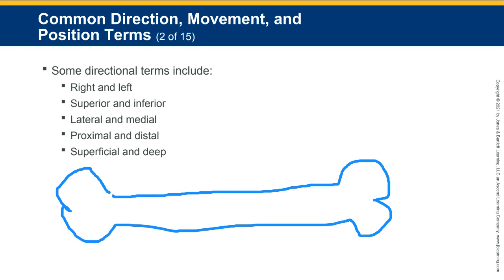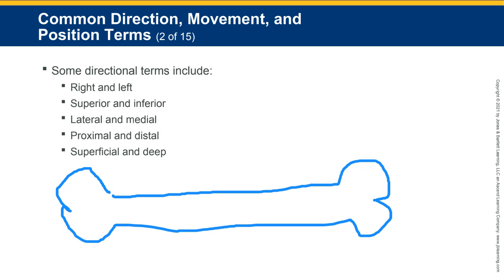A long bone has a proximal end, a shaft, and a distal end. The proximal end of a long bone is the point of the long bone that is closer to the trunk of the body. When we talk about the trunk of the body, that is the chest, abdomen, and pelvis without the attachments. So the portion of the long bone that is closer to the trunk of the body is referred to as the proximal end.